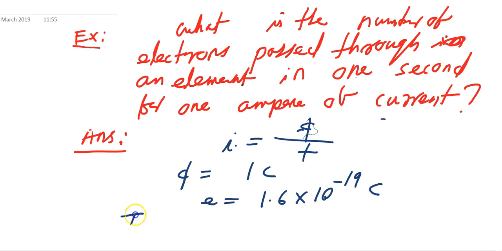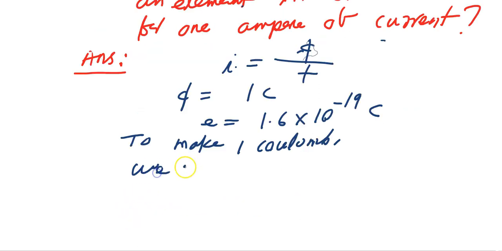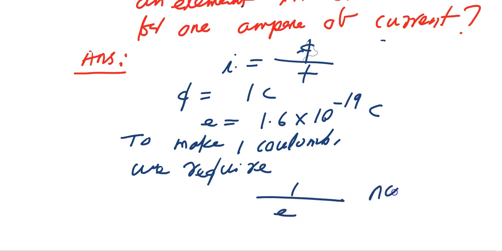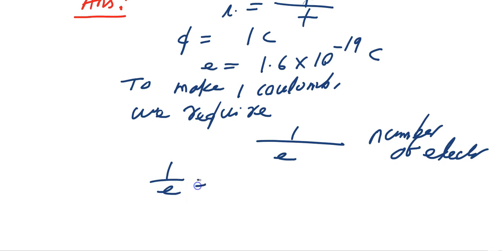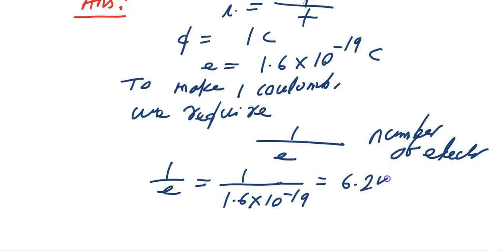To make 1 coulomb, we require 1/e number of electrons. 1/e is 6.24 × 10^18.